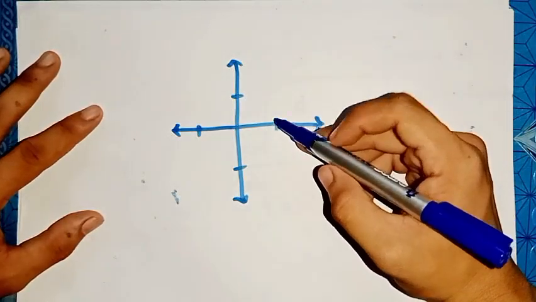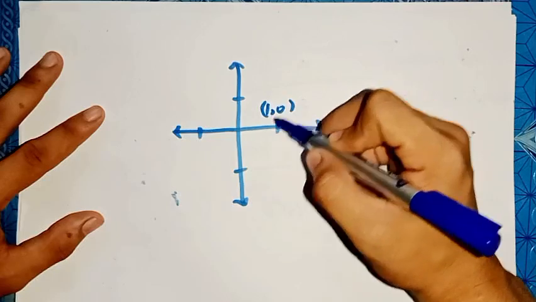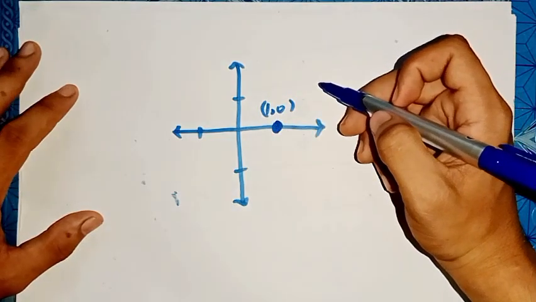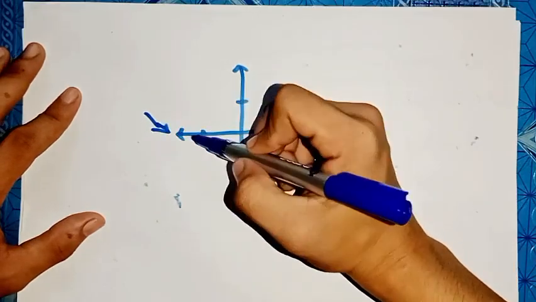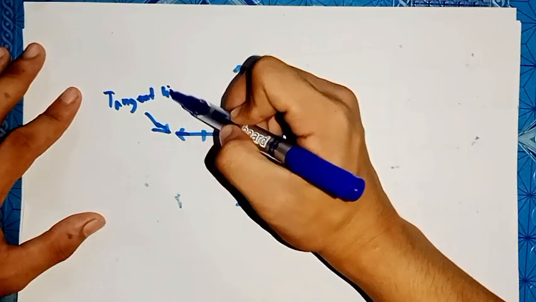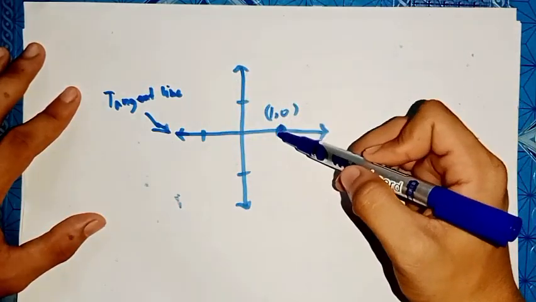Our point of inflection is (1, 0), right? And our tangent line is horizontal, meaning this is our tangent line. Therefore, the graph looks like this.